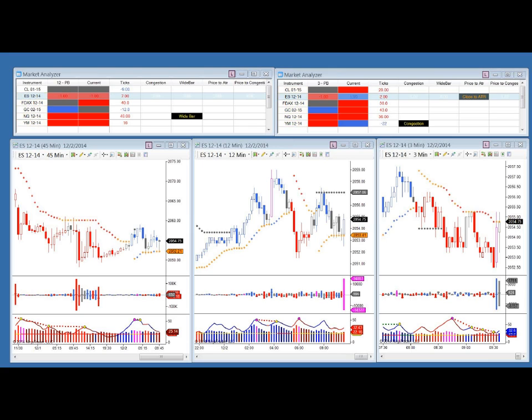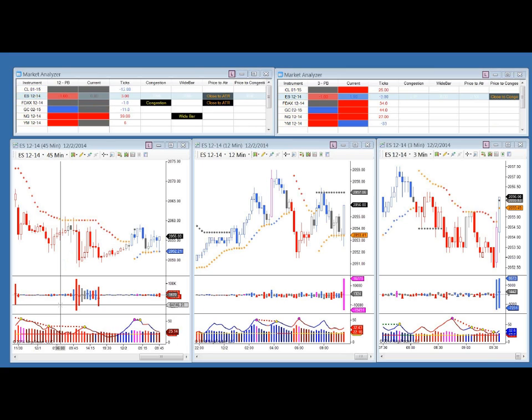Price at average true range stop. Price at congestion dot. Price at average true range stop.